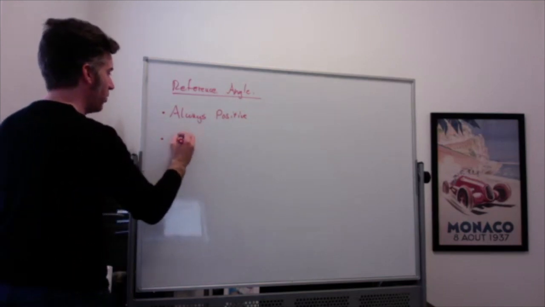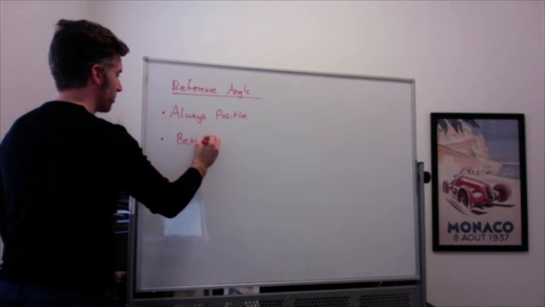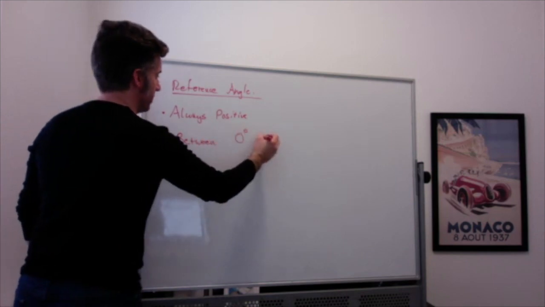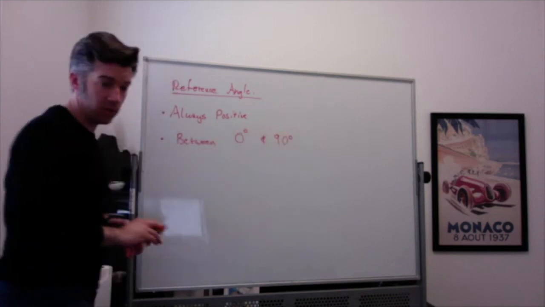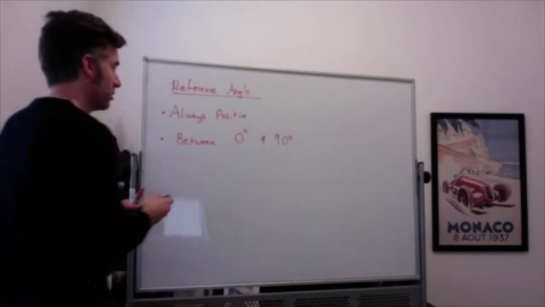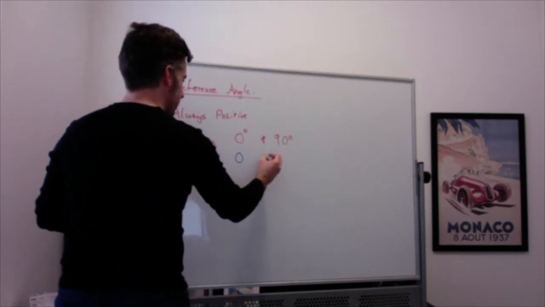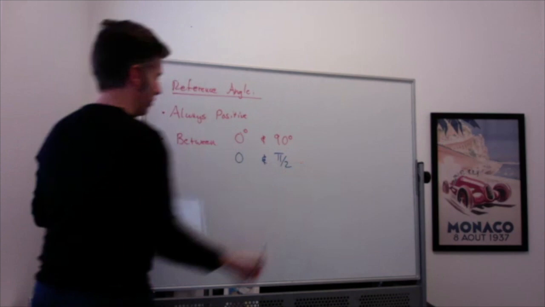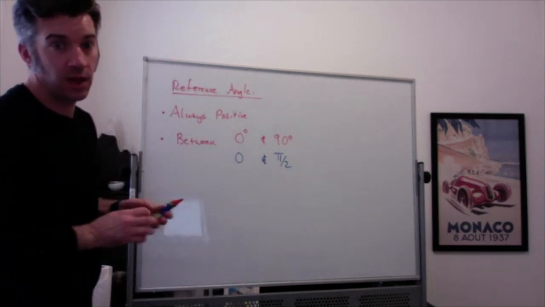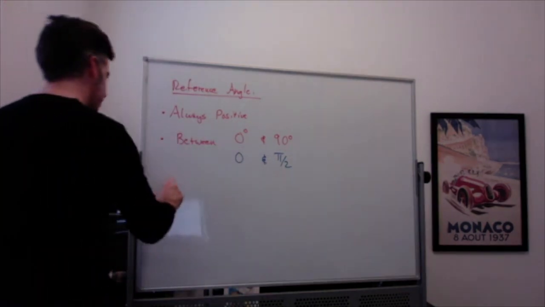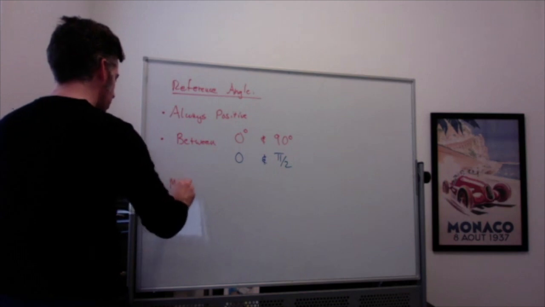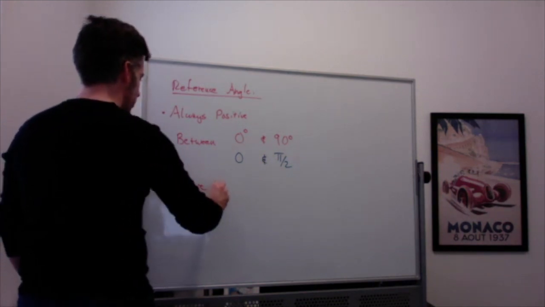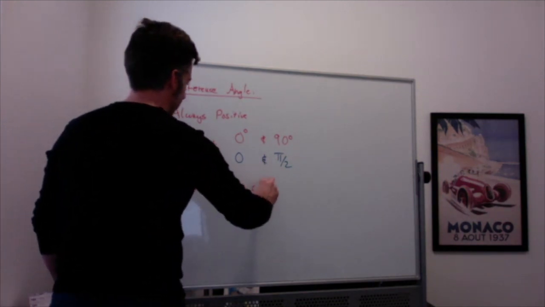It's always between 0 degrees and 90 degrees. Or if you prefer, and I do prefer, 0 radians and pi over 2 radians. And the way we find it is we measure to the closest x-axis.